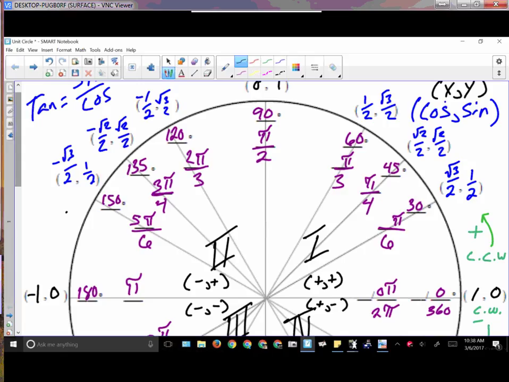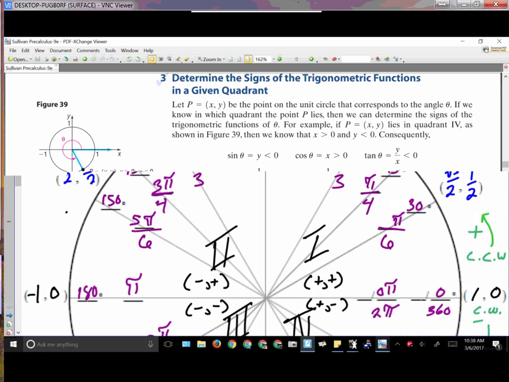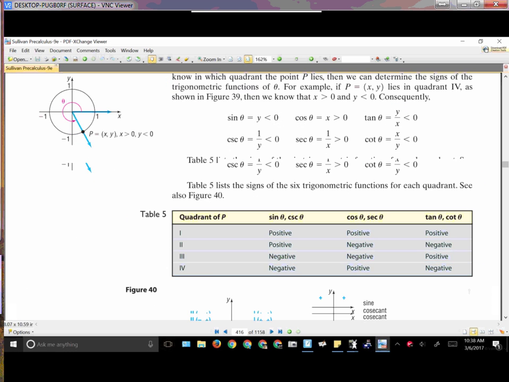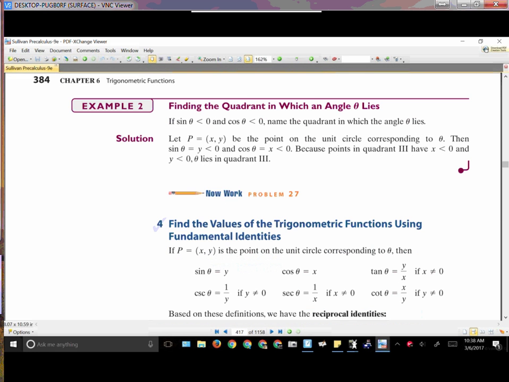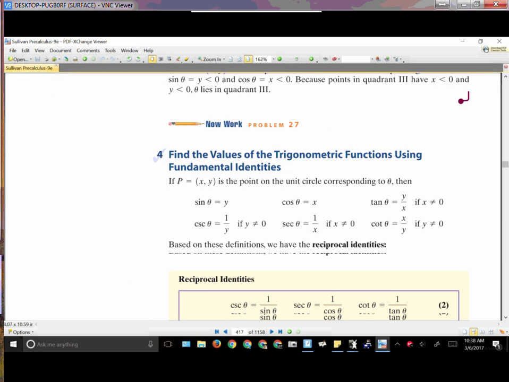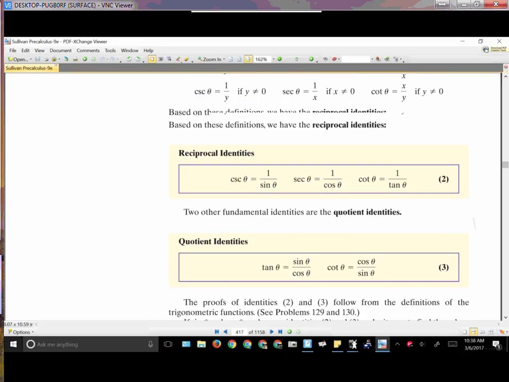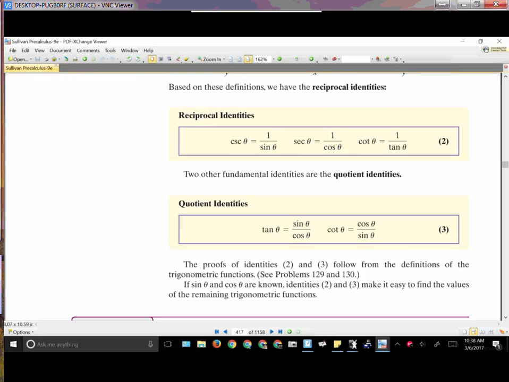So knowing where your signs are helps dictate where you've got to go to look and find the information. Reciprocal identities, we talked about this last time. Again, just make sure that you have these there so that you know which ones you're looking for.